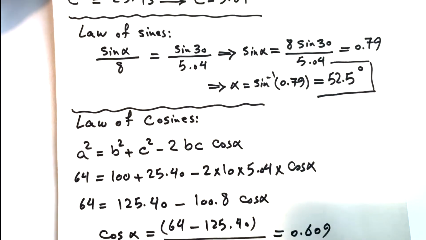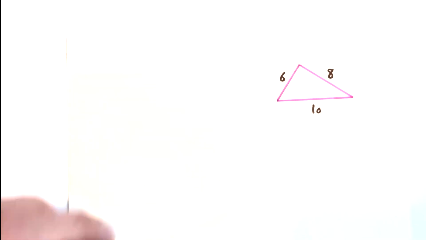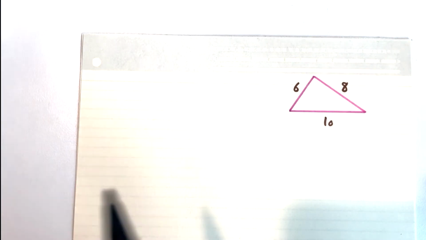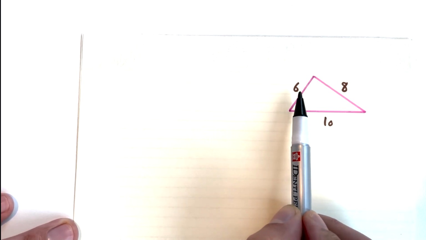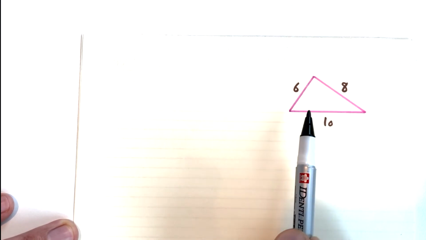So now let's take a look at another example here. Okay, here we have a triangle, but now in this case, we have the value of all sides of the triangle, 8, 6, and 10.